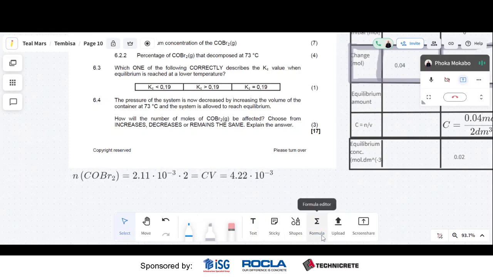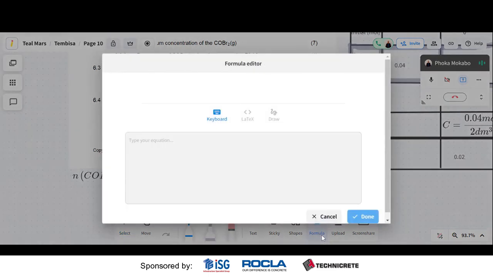And from that, we will be able to find the initial number of moles. And the initial number of moles should be that added to the change. Remember, we had found the change to be 0.04.